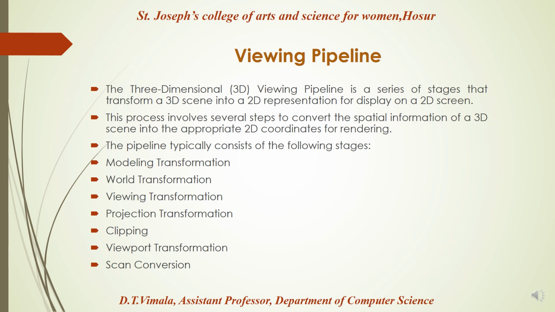The three-dimensional viewing pipeline is a series of stages that transform a 3D scene into a 2D representation for display on a 2D screen. This process involves several steps to convert the spatial information of a 3D scene into the appropriate 2D coordinates for rendering.